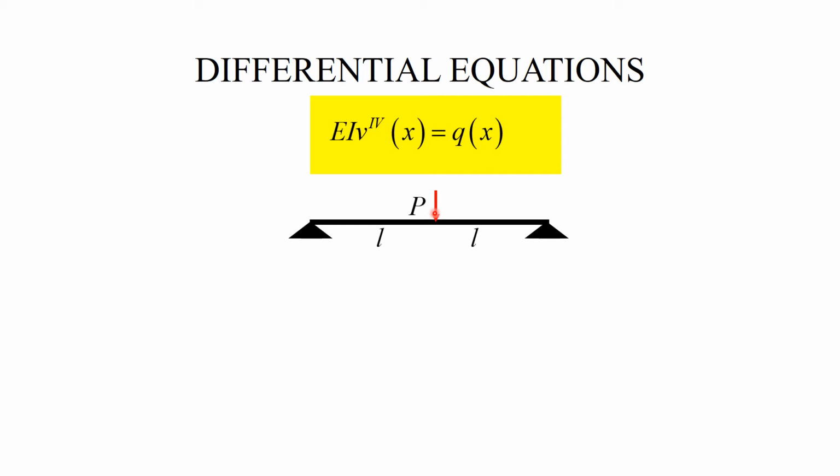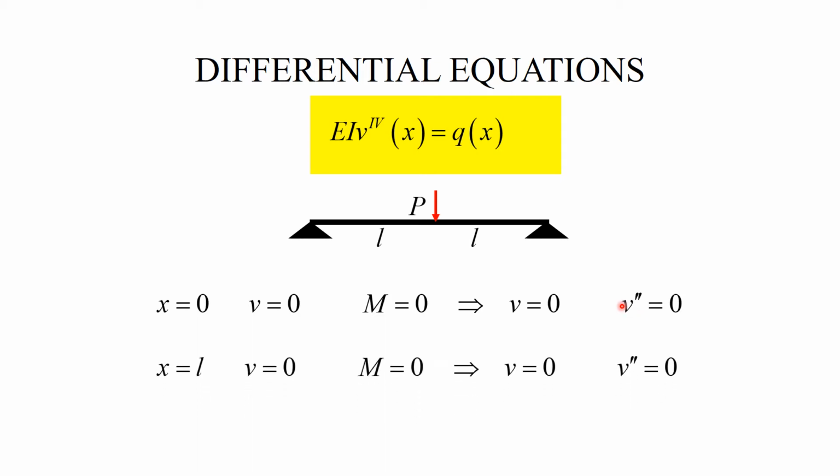So I can write down boundary conditions at x equal to 0, v is equal to 0, and m is equal to 0, which implies that v and the second derivative are equal to 0, and the same story at x equal to L. V and m equal to 0 implies that v and v double prime equal to 0.